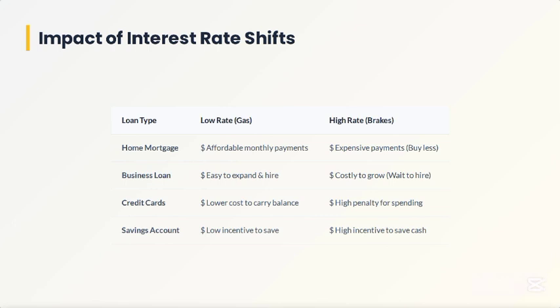With a low rate, businesses find it easy to expand and hire, but with a high rate, it's very costly to grow, and businesses wait to hire. With a high rate, credit cards attract high payments for spending, but with a low rate, it's the opposite. With a low rate, it's not attractive to save, but with a high rate, the possibility of saving is high.